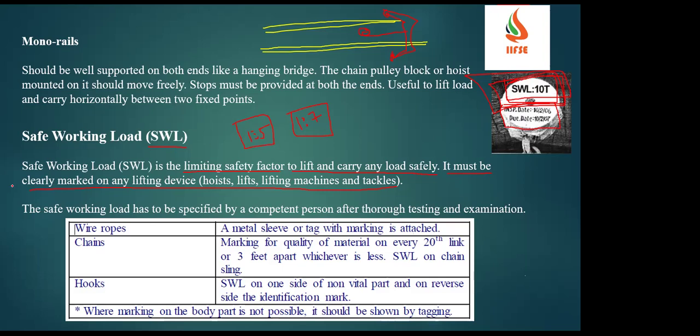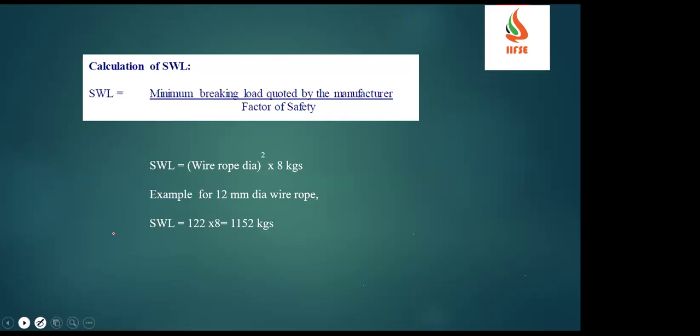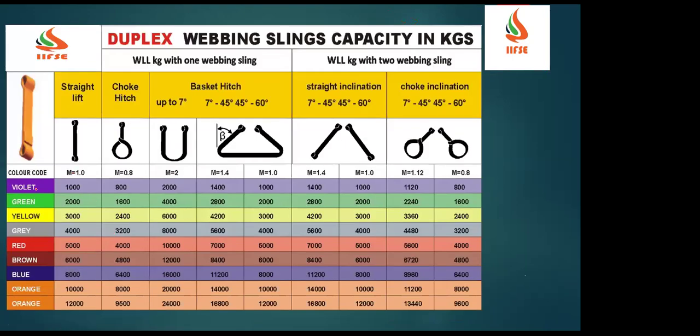Okay, fine. The safety factor, for example, I've taken an example of web slings. For these belts, they say the safety factor is 1:5, or the safety factor is 1:7. In the sense, if I take a 1-ton belt and the safety factor is 7, it will be tested at 7 tons.